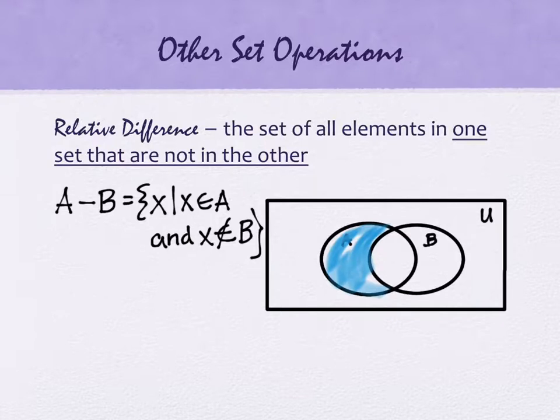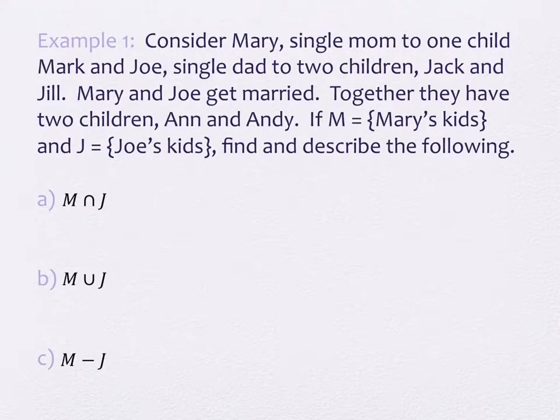Okay, and so we're going to do example number one, that compares these ideas in terms of some elements, and the elements we're going to do it with are family members. So consider Mary, single mom to one child, Mark, Joe, single dad to two children, Jack and Jill, and Mary and Joe get married. Together they have two children, Ann and Andy.